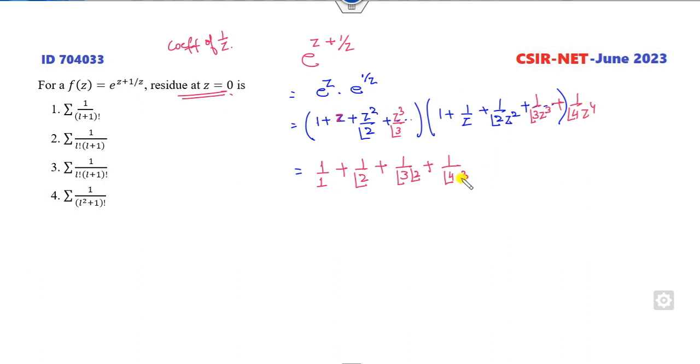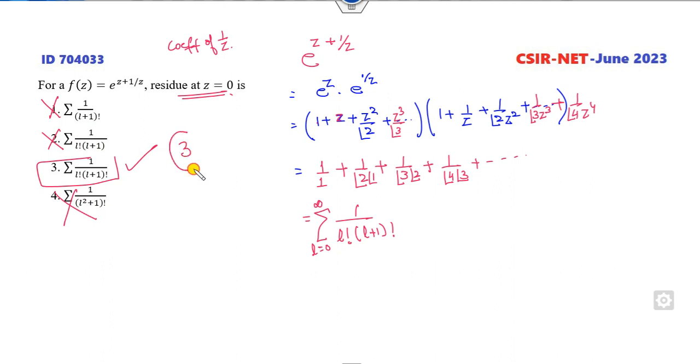So 1 over 4 factorial, 3 factorial and so on. So I can write this as 1 over L factorial, L plus 1 factorial, where L varies from 0 to infinity. When L is 0 it is 1 factorial, when L is 1 and 2 and so on. The right option is the third, which is the correct answer.